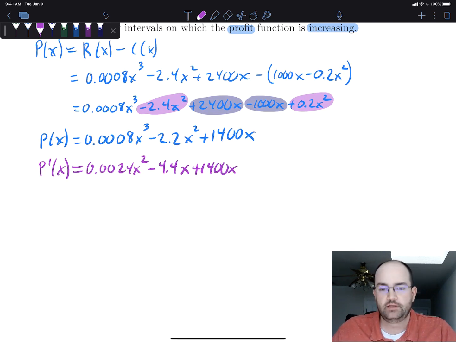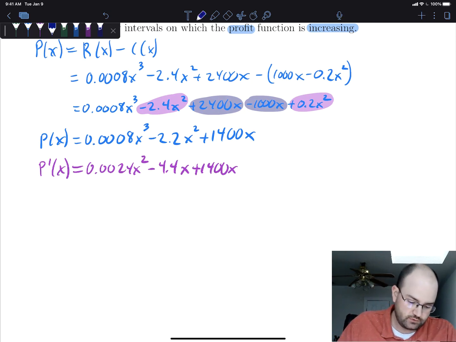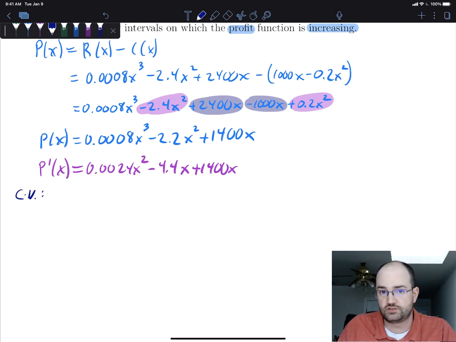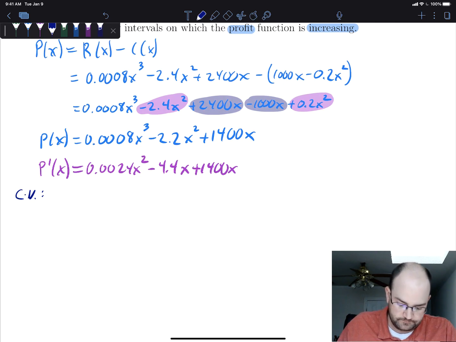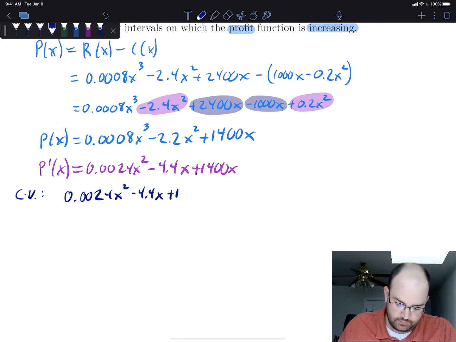Wonderful. Now, at this point, we just need to find the critical numbers. The critical numbers occur wherever the profit function's derivative is equal to 0. So 0.0024x squared minus 4.4x plus 1,400, there's no x there, is equal to 0.